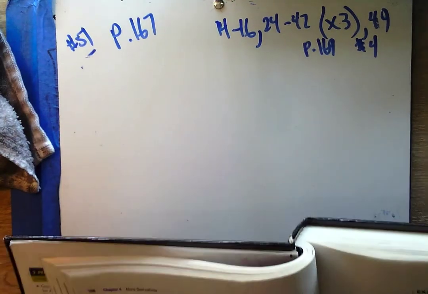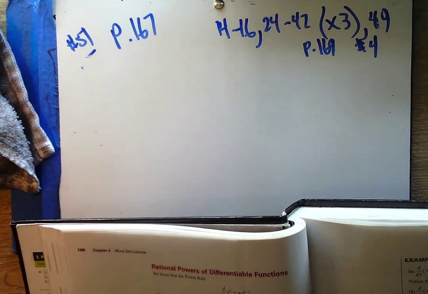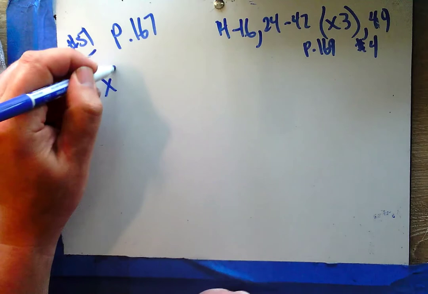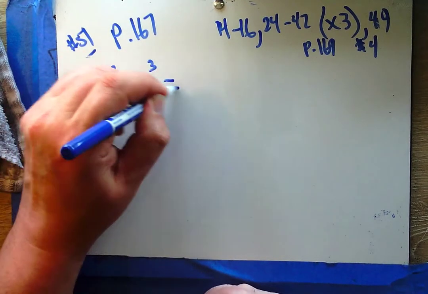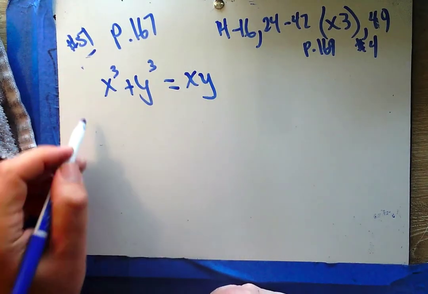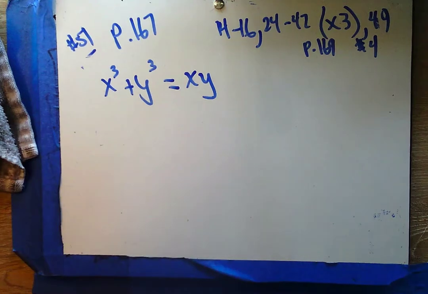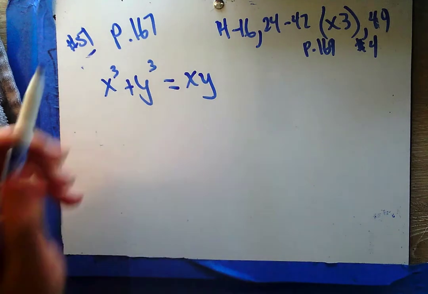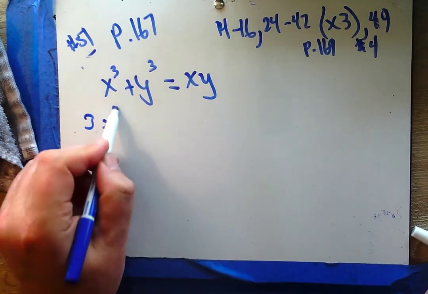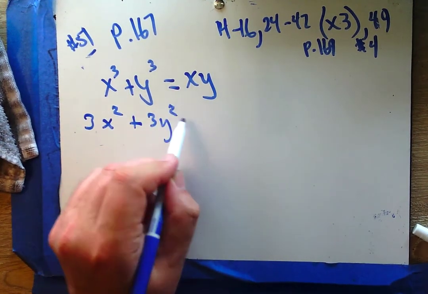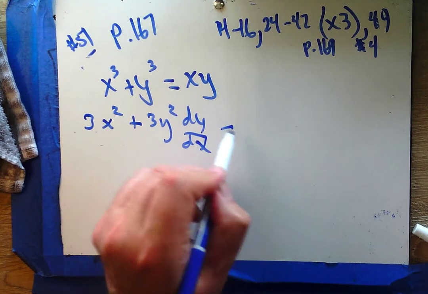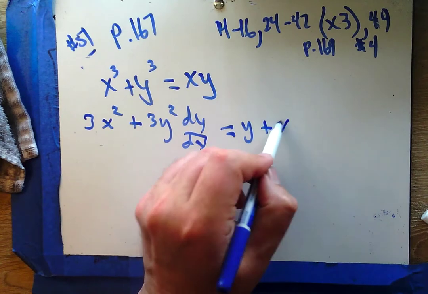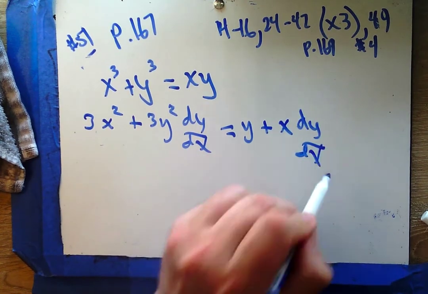15 says x to the third plus y to the third equals xy. Okay, the directions here for this one are the same. Find when this thing is defined. So I get 3x squared plus 3y squared dy/dx equals, by the product rule, y plus x dy/dx.